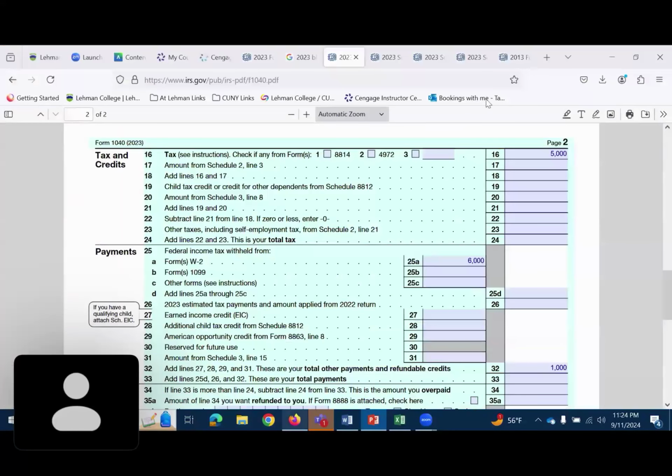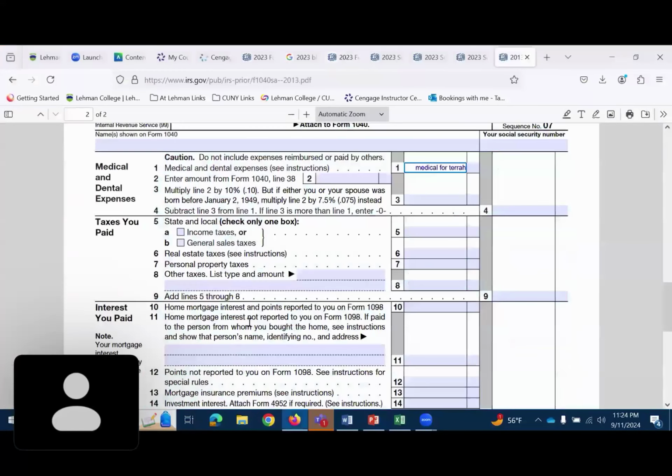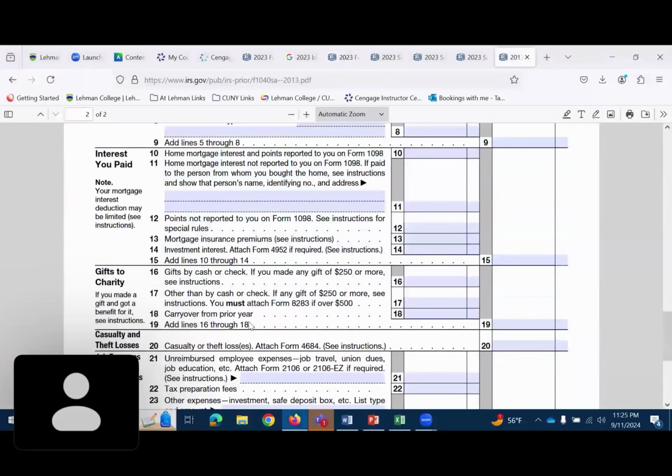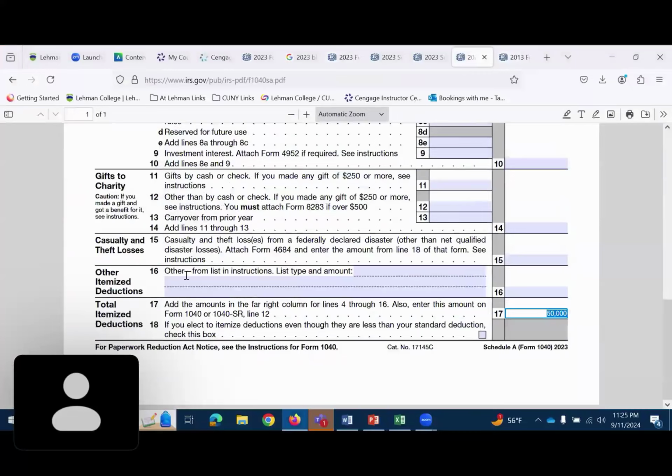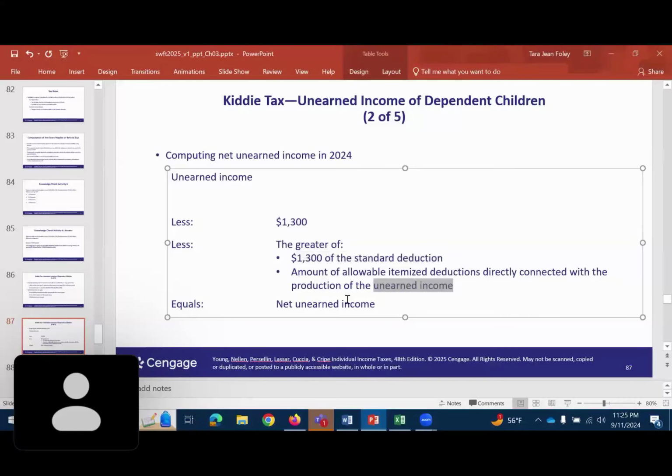Underneath your itemized deductions on your Schedule A, other itemized deductions, right here. This is what they're talking about. Is there any allowable itemized deduction directly connected with the production of unearned income?